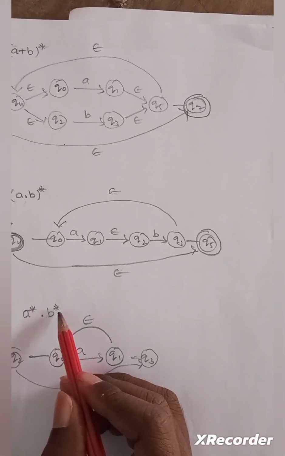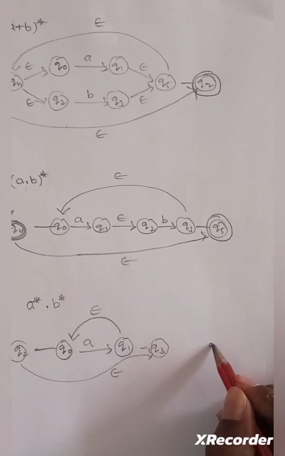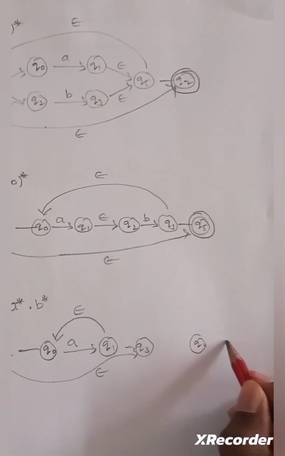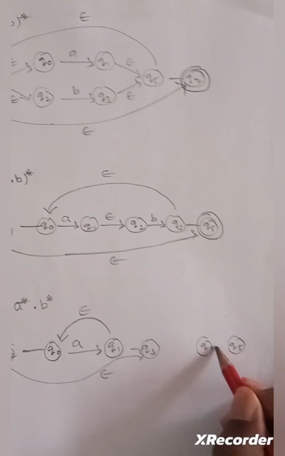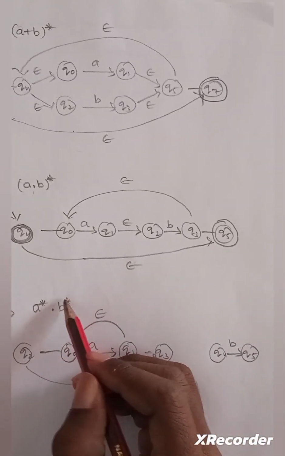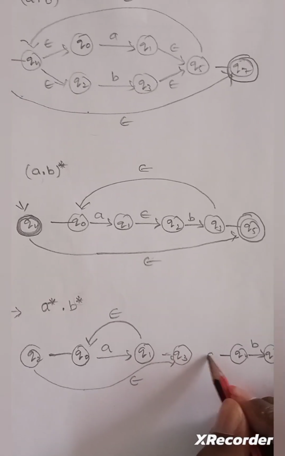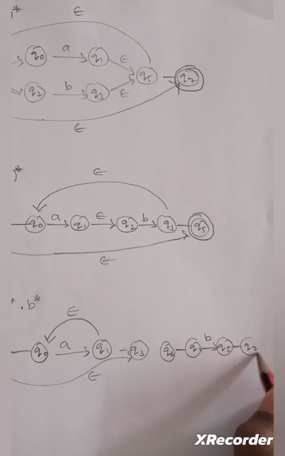And for b also we need to take two more states, that is q4 and q5, right? And it will be connected by b, right? And here we have an extra part, the multiple closure. So whenever we have multiple closure, we have to take two more states. Let the states be q6 and q7, right?